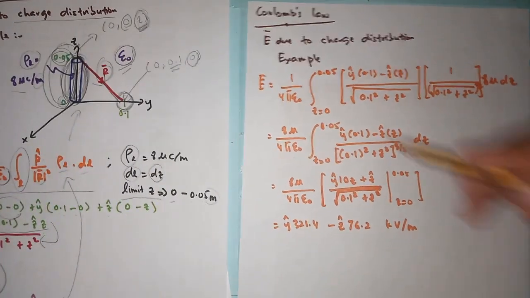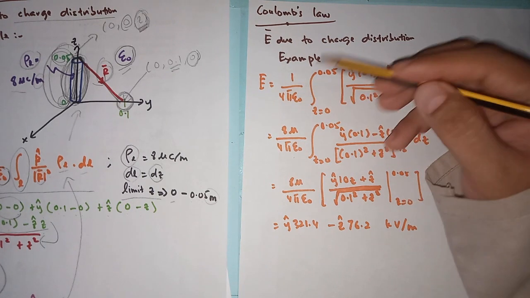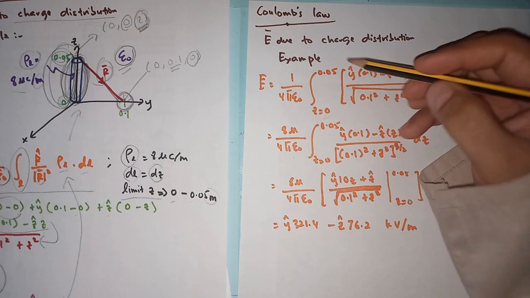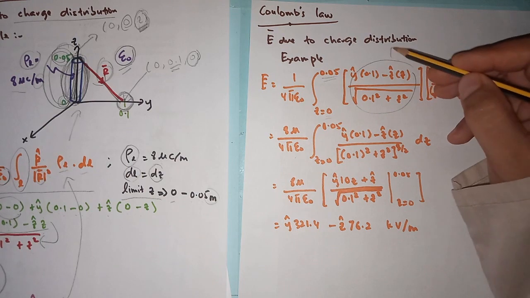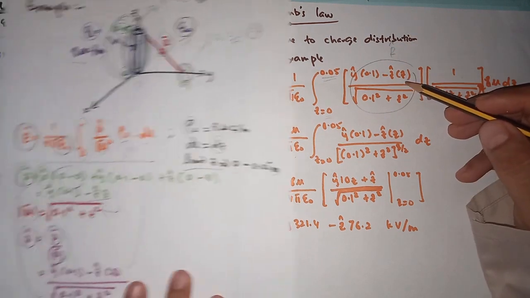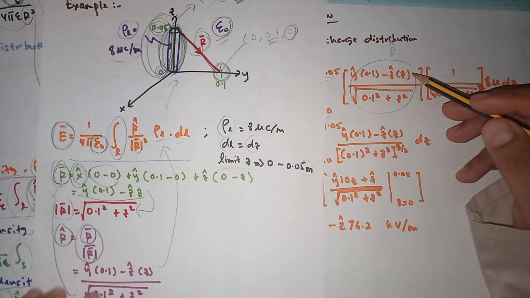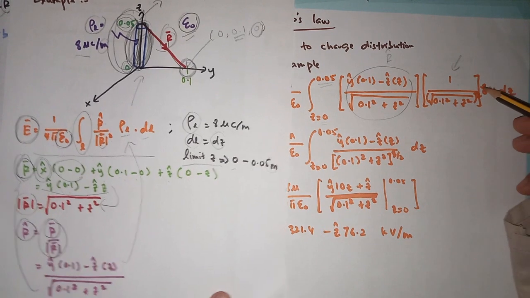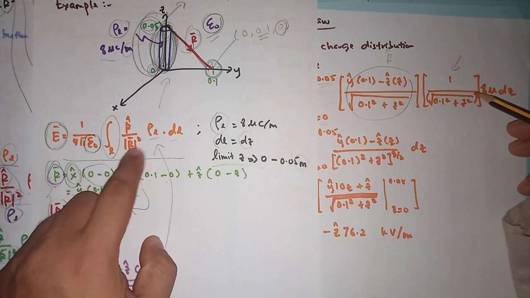Then we will have the vector E equal to 1 divided by 4 pi epsilon naught, times the summation from z equal to 0 until 0.05. This is our r cap, which is equal to the vector r divided by its amplitude, and this is our r amplitude squared.